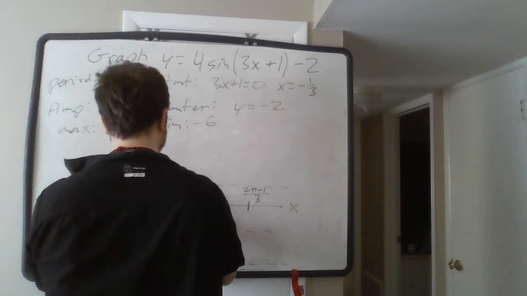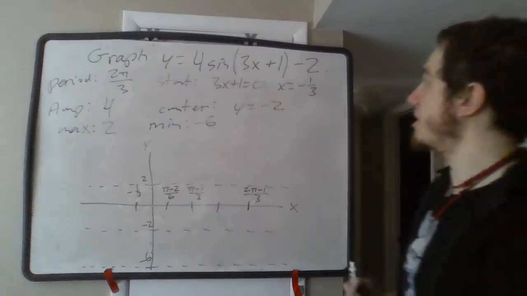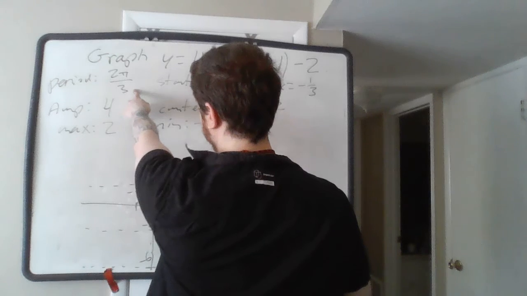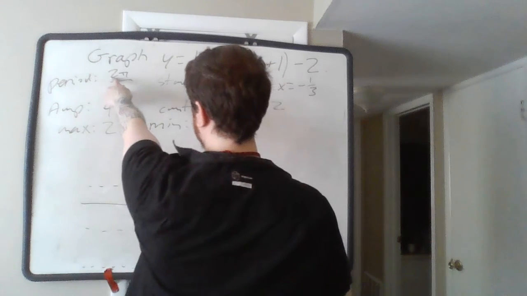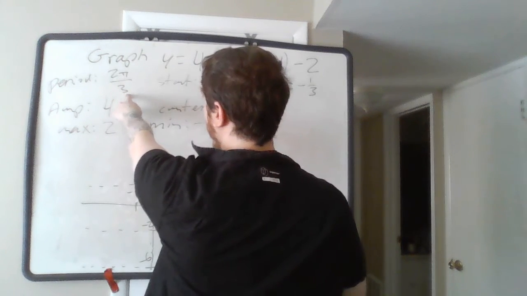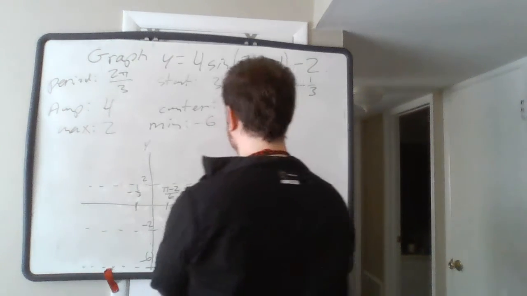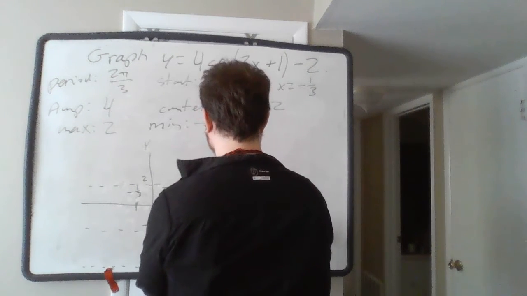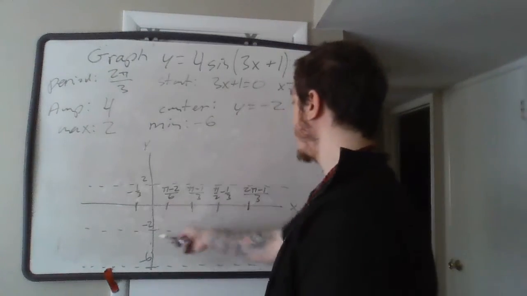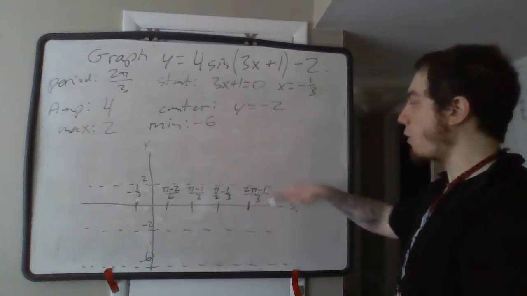Pi minus 2 over 6 is going to be at 1/4 of the way, and 3/4 of the way through the period would be, let's see, 3 times 2 is 6 pi over 12, so that would be pi over 2, so that's going to be at pi over 2 minus 1/3. And I'm not going to bother simplifying that into fractions. Okay, so we've split up the period into its 1/4, 1/2, and 3/4 places.